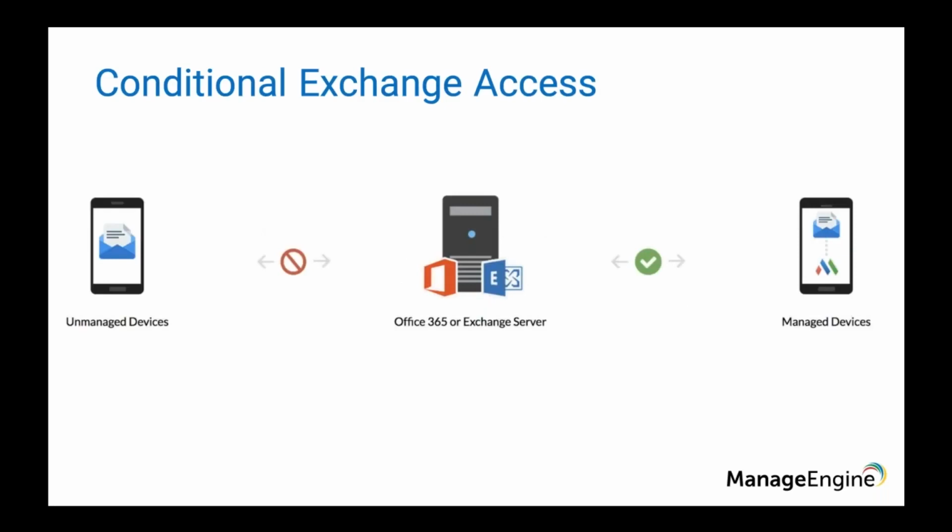So to prevent that, we have a particular system called Conditional Exchange Access, which works for your Office 365 or Exchange server alone. So to put it in simple terms, we would allow the managed devices alone to have access to your Exchange Server or Office 365 Server, while your unmanaged devices would not have access to Office 365 or Exchange Server.